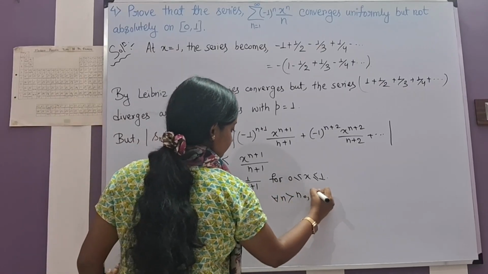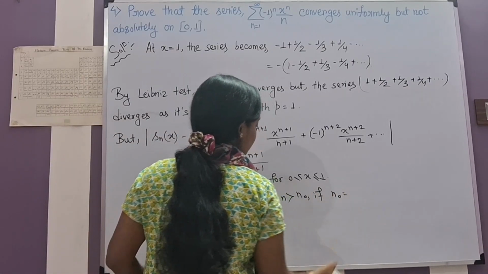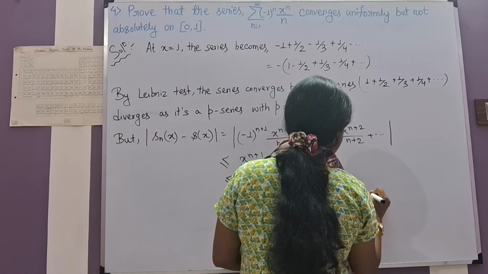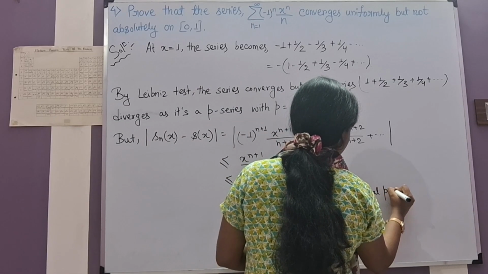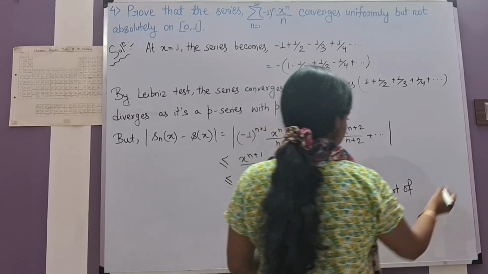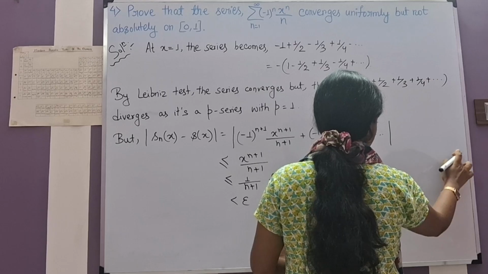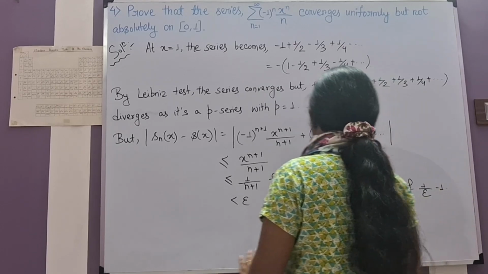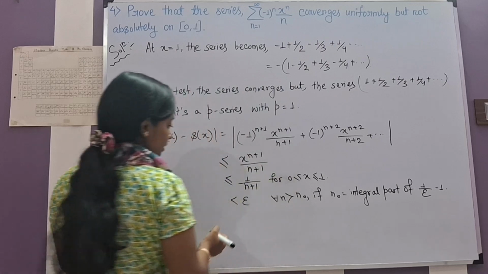If n0 is equal to the integral part of 1 by epsilon minus 1.